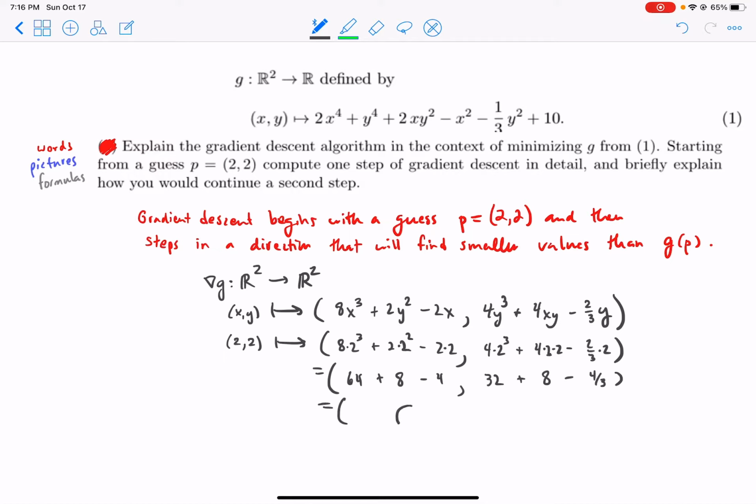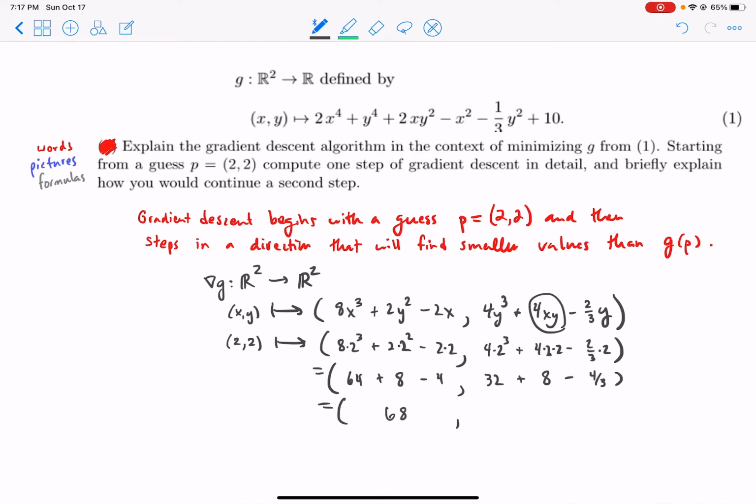Okay, so if this was (0, 0), we would be done. Our guess would be a critical point. And that's the point of gradient descent, to find critical points. We keep descending until the gradient is the 0 vector. Now here the gradient is clearly going to not be the 0 vector. It'll be the vector, well, let's see, 68, comma, this is going to be 40. Or did I make a mistake here? 4xy, is this right?